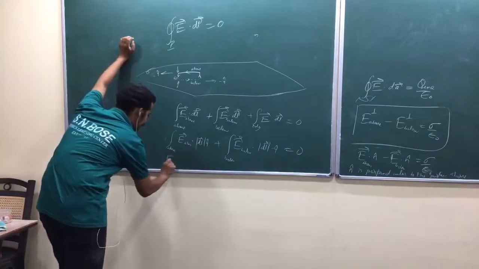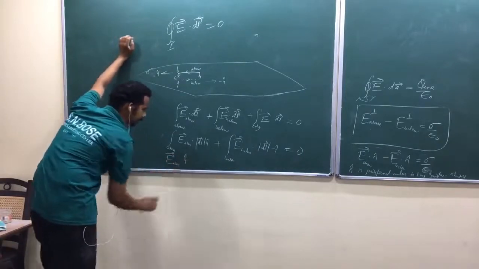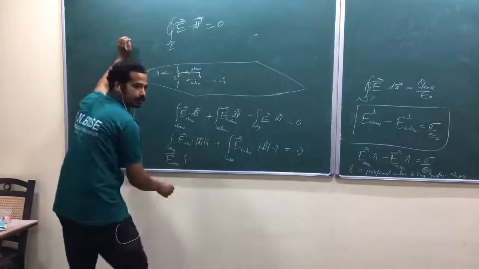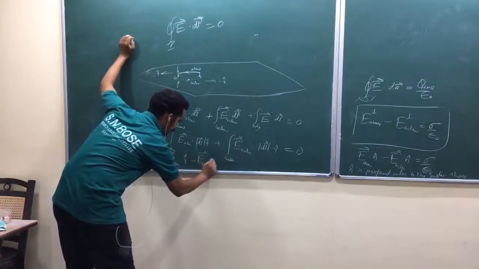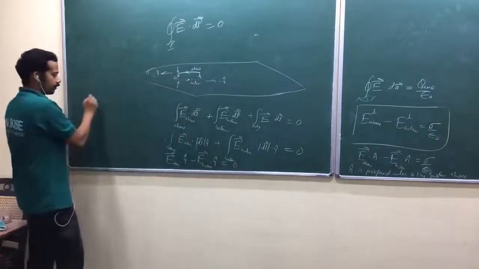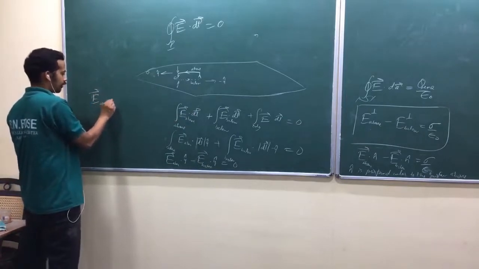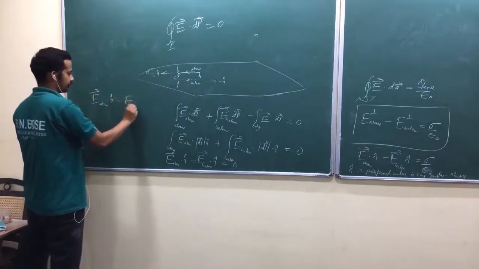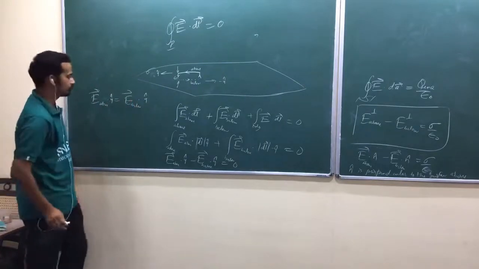Let me write it like this: E above dot y cap minus E below dot y cap is equal to 0. What is the idea next? E above dot y cap is equal to E below dot y cap. What do you mean by that?